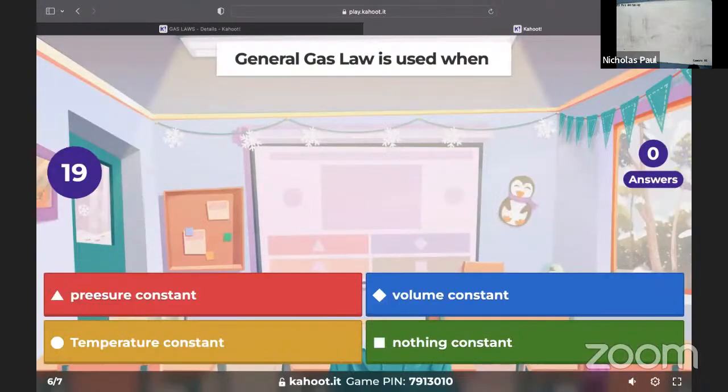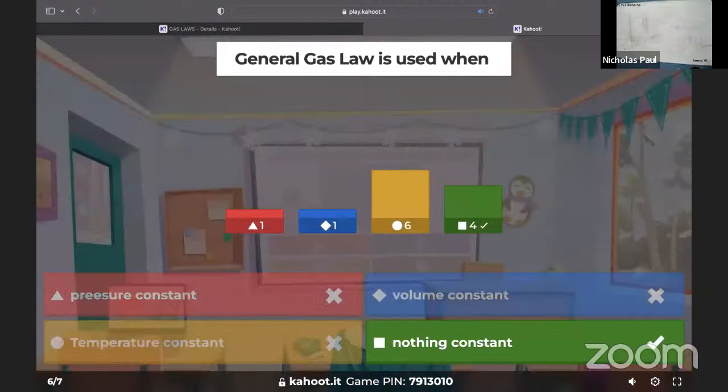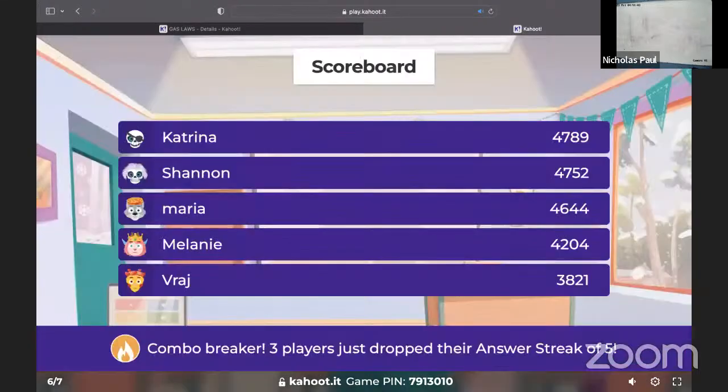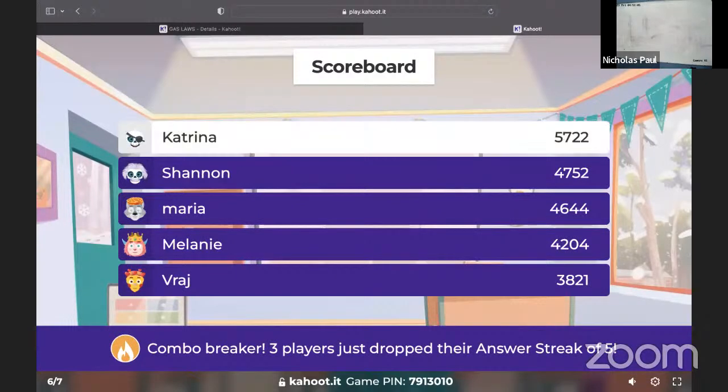General gas law is used when what? Very bad, Oli. Very, very bad. 6 people said temperature constant. Katrina, get it right. Last one.